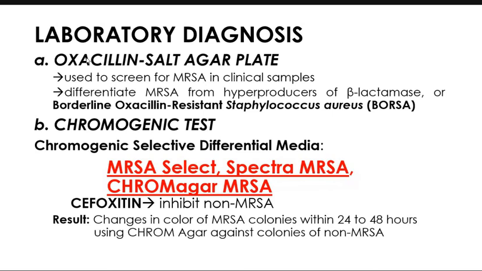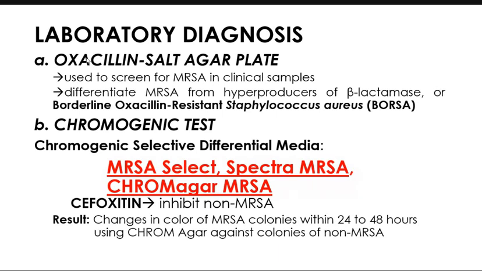Okay? So for laboratory diagnosis, if you remember the different screening tests presented in our antimicrobial susceptibility testing, you have the oxacillin screen test, the chromogenic test, and the rest. The oxacillin salt agar plate is used to screen for MRSA in clinical samples. It differentiates MRSA from hyperproducers of beta-lactamase or the borderline oxacillin-resistant Staphylococcus aureus, or BORSA.